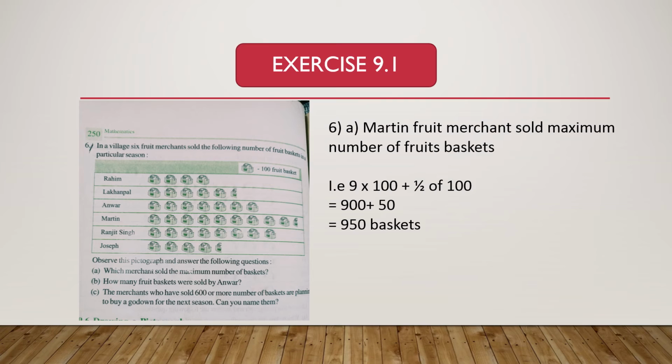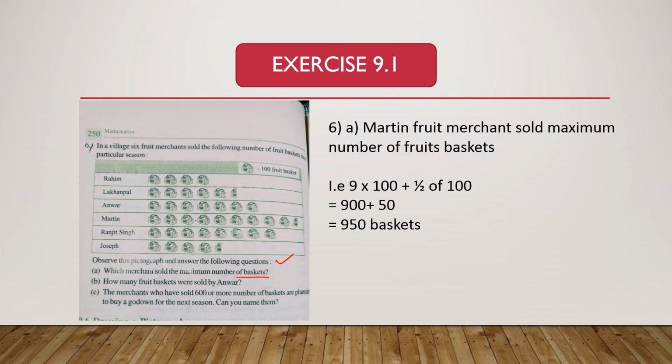Now solve first bit A. Observe the pictograph and answer the following questions. Question A is, which merchant sold the maximum number of fruit baskets? Looking at the pictograph tables, we see that Martin, the fruit merchant Martin, sold 9 fruit baskets, and one pictograph fruit basket is 100 fruit baskets.